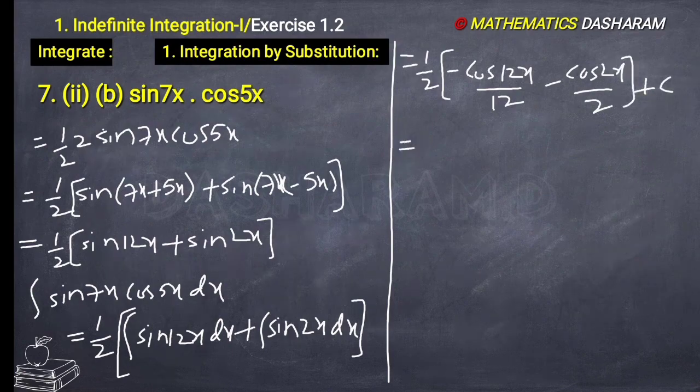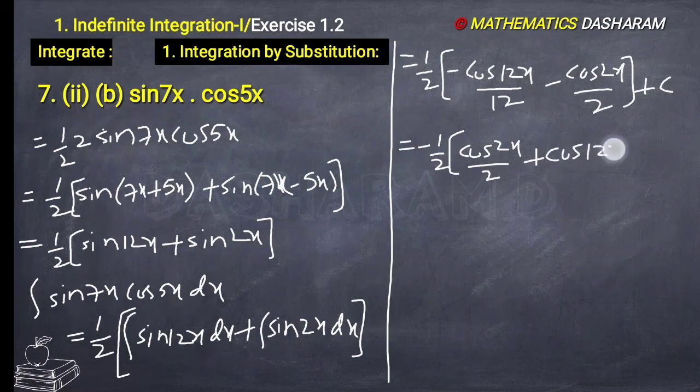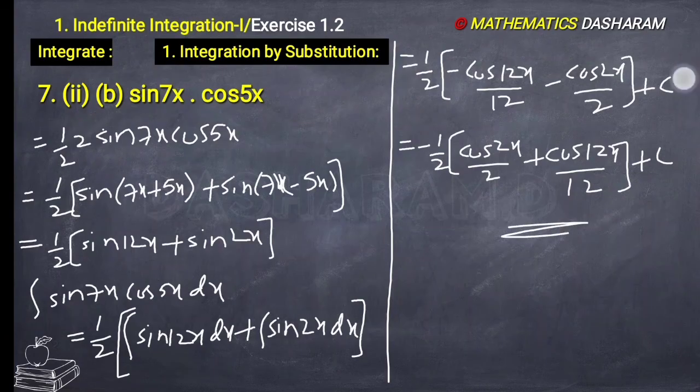So now take the minus common: −1/2 [first I am writing the cos 2x by 2, next to cos 12x by 12]. This is our required answer.